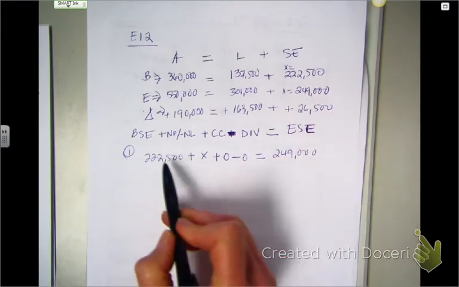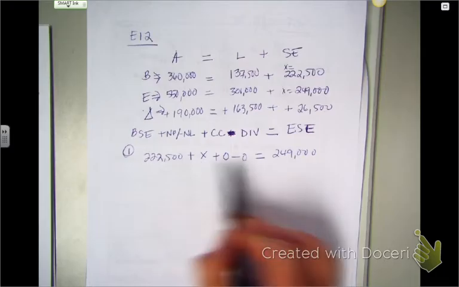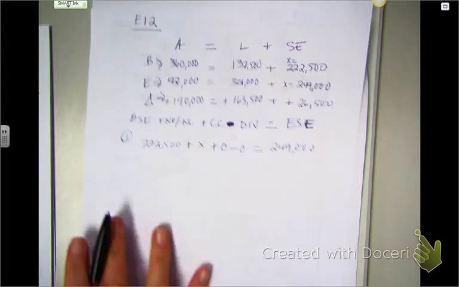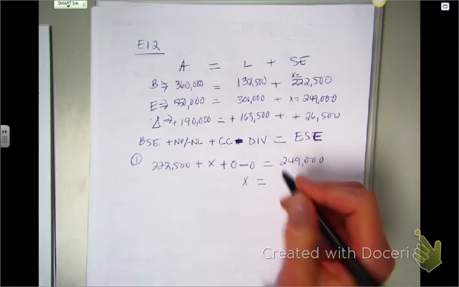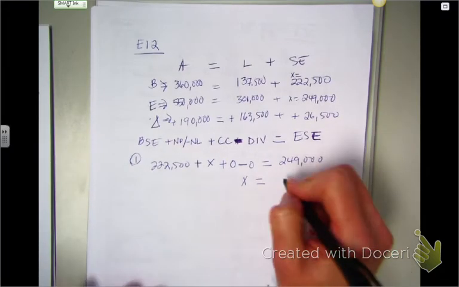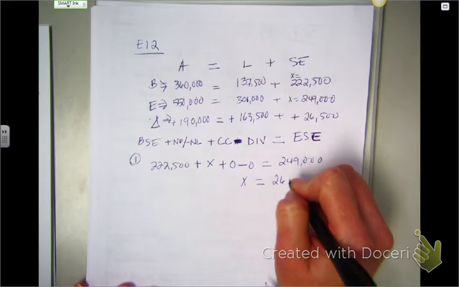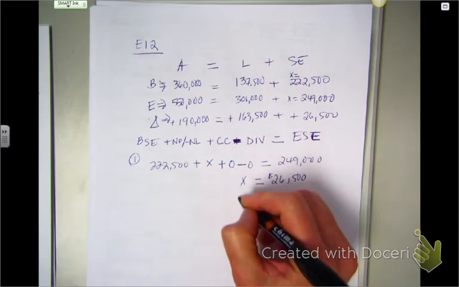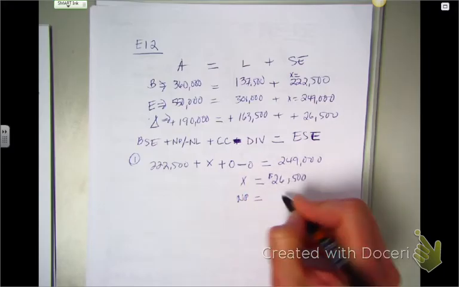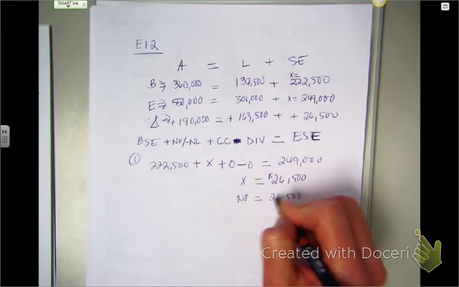So we know that the whole net profit or loss is what caused this change. So what's the answer in this one? It's going to be $26,500. So in this case, net profit equals 26,500.